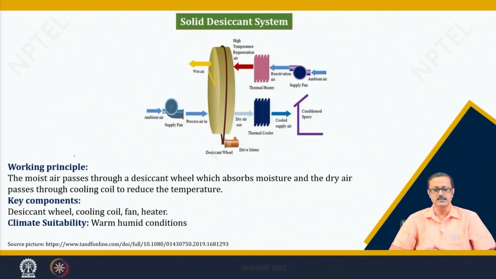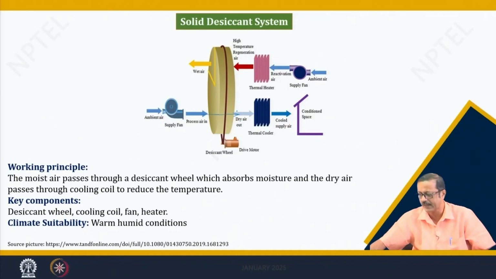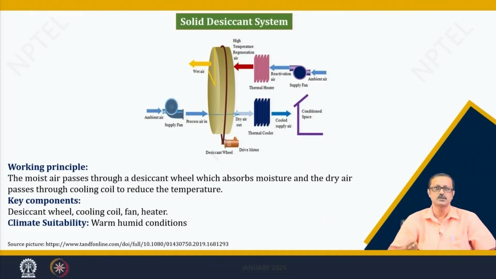Now, next we will discuss the desiccant. There are two types, solid and liquid. In the solid desiccant systems, the air passes through this desiccant wheel, and this will take moisture out. If you see this lower part of the arrow, it passes through this desiccant wheel. This particular system is going to be fruitful in the warm and humid climate, where there is a lot of humidity in the air.